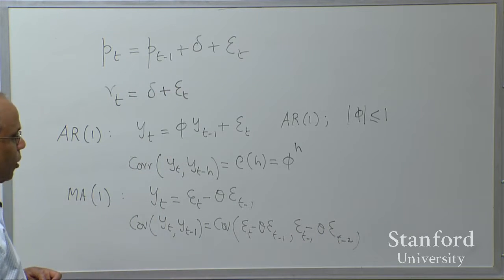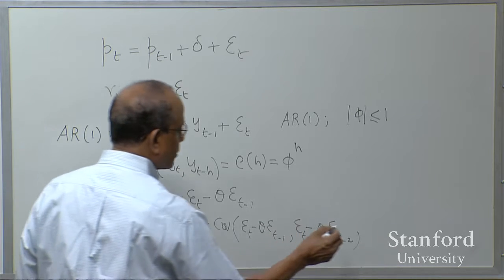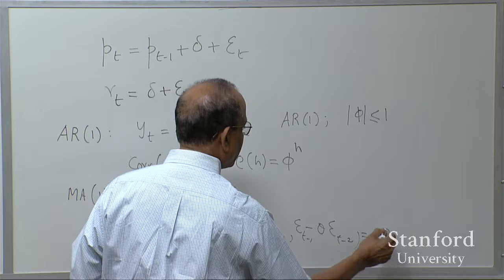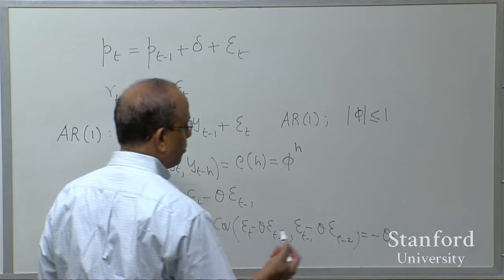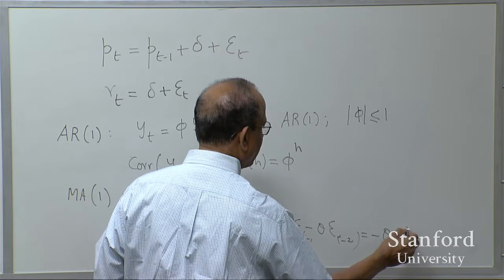Because of the common terms between the two, you can show that this covariance is given by minus theta times the covariance between epsilon t minus 1 and epsilon t minus 1. So let's assume that that's given by sigma square.